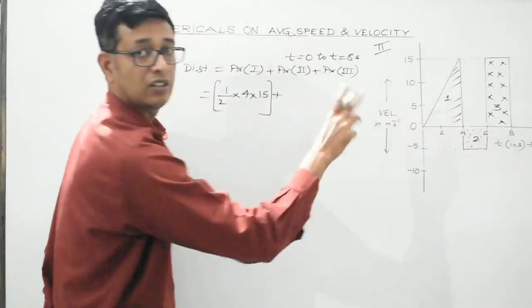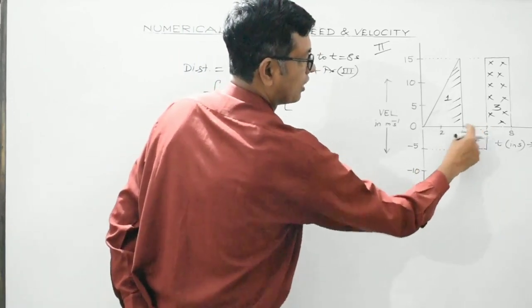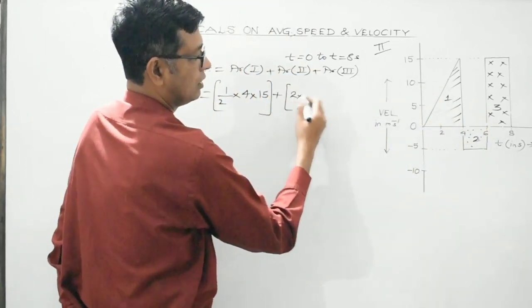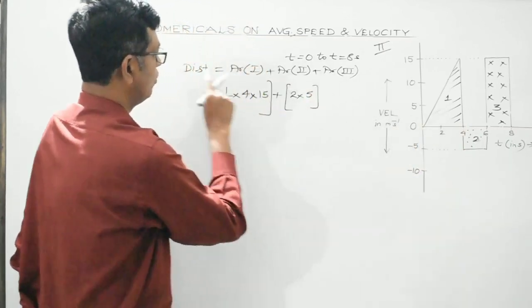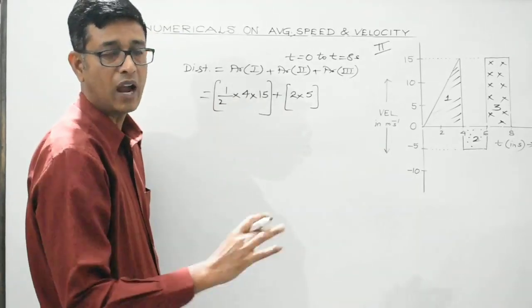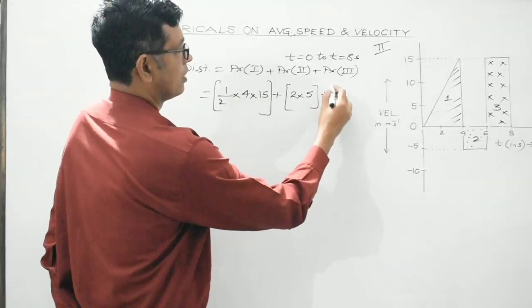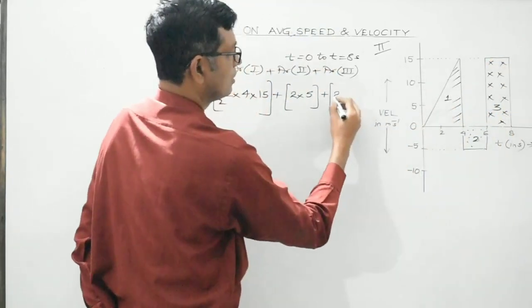It's in the form of a rectangle. Length into breadth. So this is between 4 and 6. It is 2 units. And over here, it's 5 units. Remember, while calculating distance, the sign is to be avoided. We simply need to add up. Third portion, again it's a rectangle. So this dimension is 2 units.